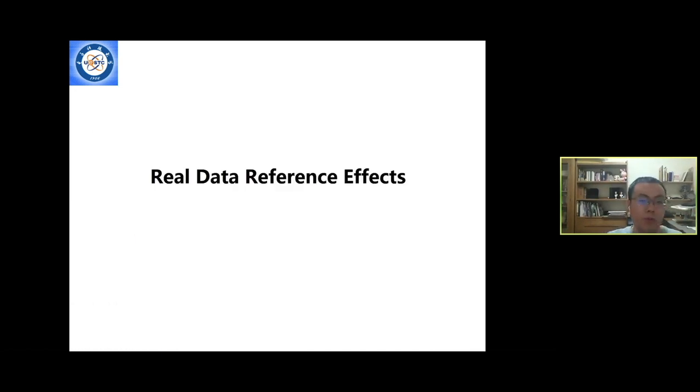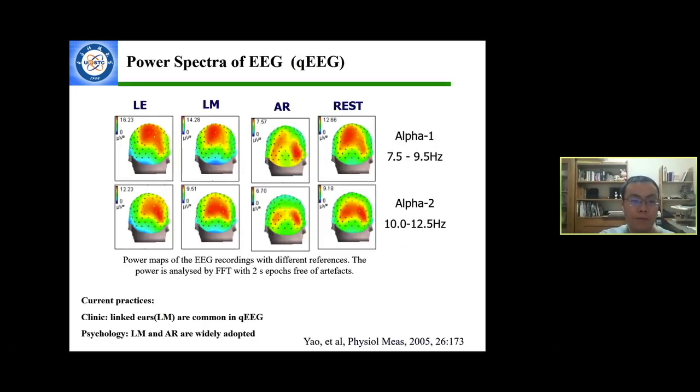Next, I will show the real data reference effects. In current practice, in clinical settings, linked ears are commonly used in quantitative EEG, the QEEG, and in psychology, linked mastoids and the average reference are widely adopted. This paper used resting state EEG recordings and calculated power maps in different frequency bands with different references.